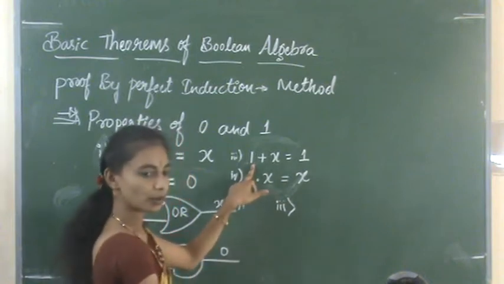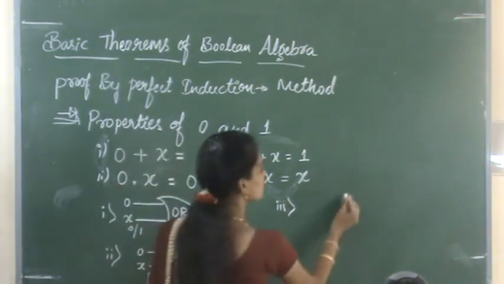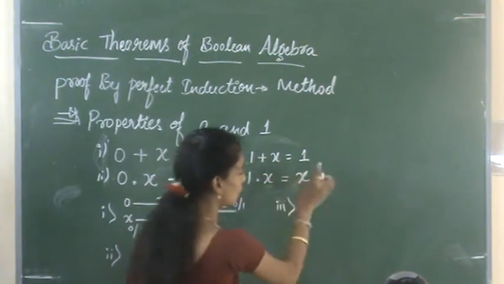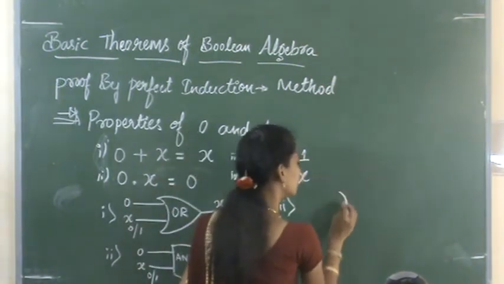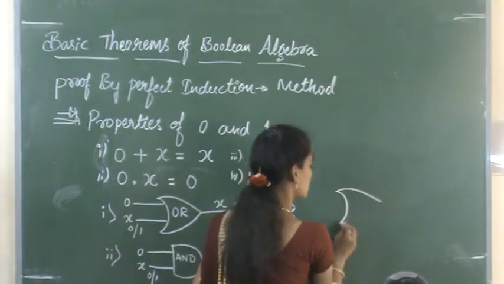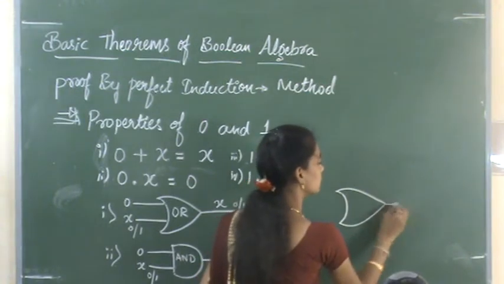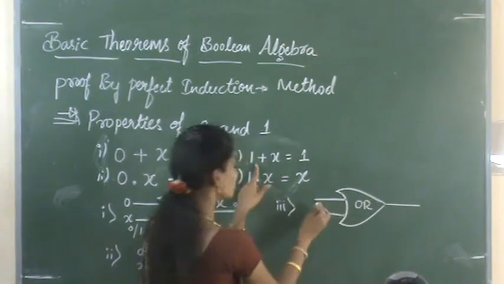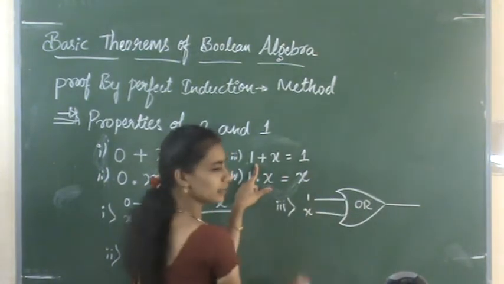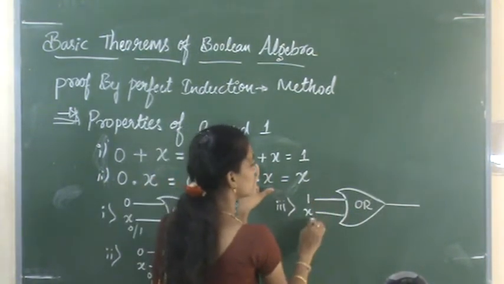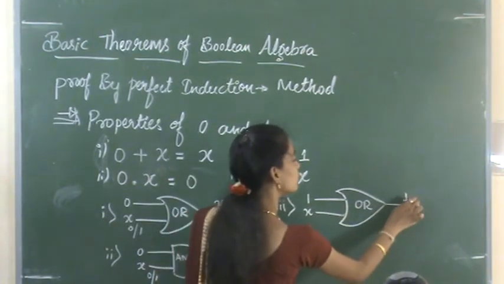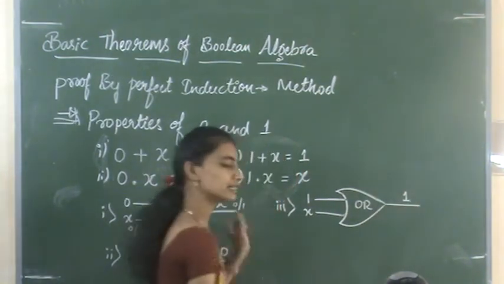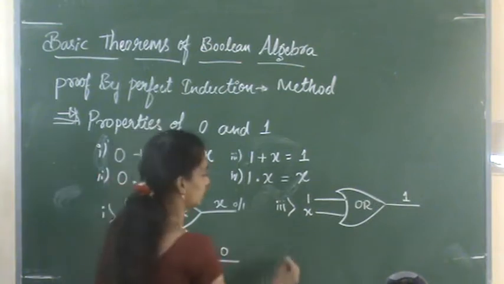Next, here we are providing the same two variables with the OR operation, so we have to write the OR gate. We are providing two inputs, one is x, another one is 1, right? So if I provide any value to x, I will get the result as 1 only.